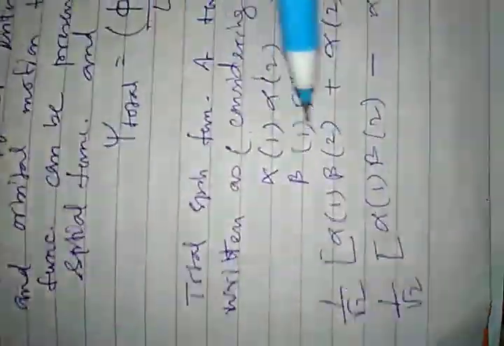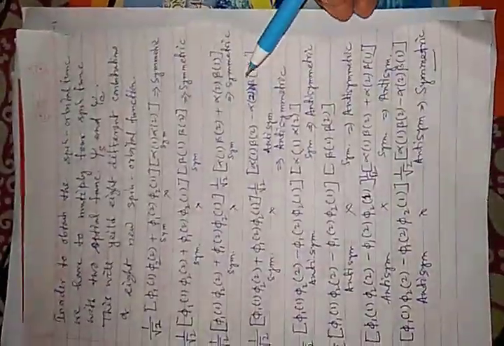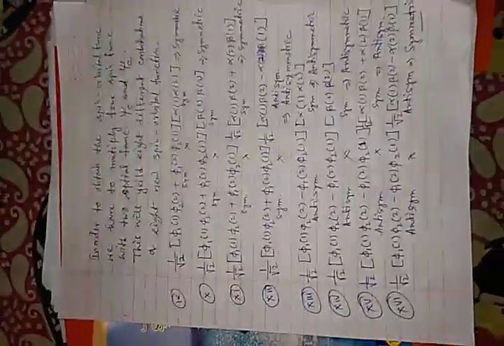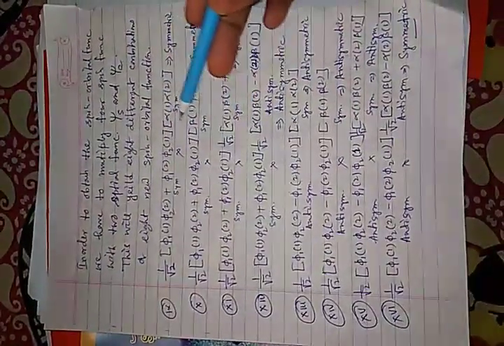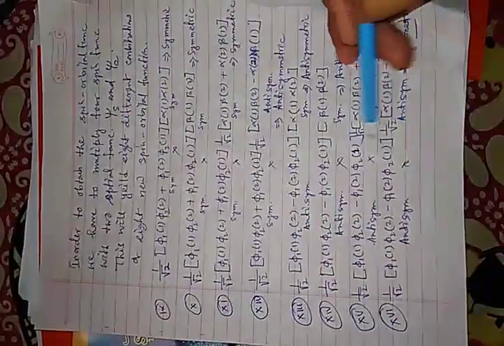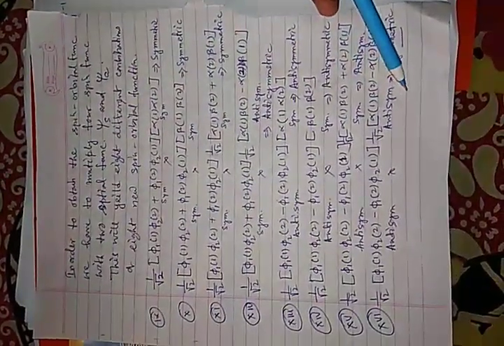Again we have 4 combinations for the total spin function. Now if I multiply these 4 functions with the previous 2 functions, psi s and psi a, then we have 8 combinations. Out of these 8 functions, 4 will be symmetric and 4 will be antisymmetric.